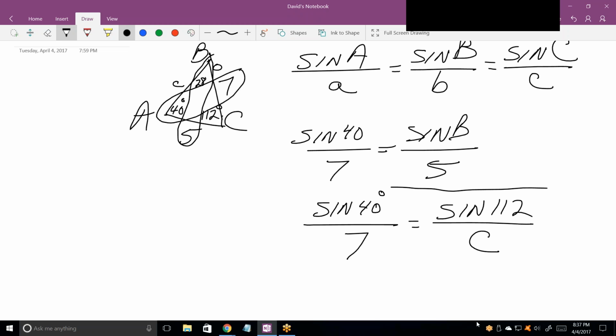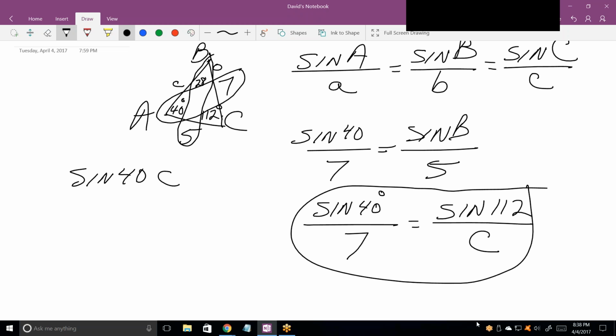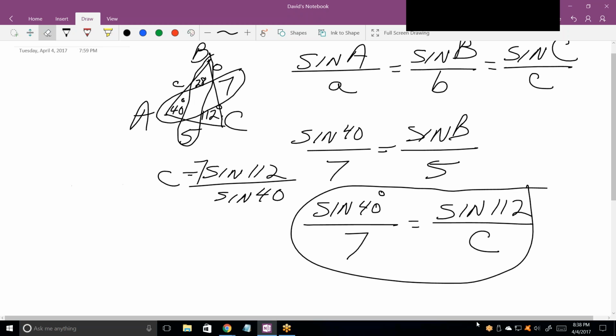And there's only one variable in that, C. Now here you could cross multiply if you want. You get sine of 40 times C equals sine of 112 multiplied by 7. So C equals 7 sine of 112 divided by sine of 40. That's what C is going to be, the side length.